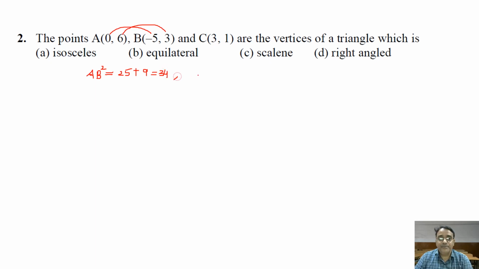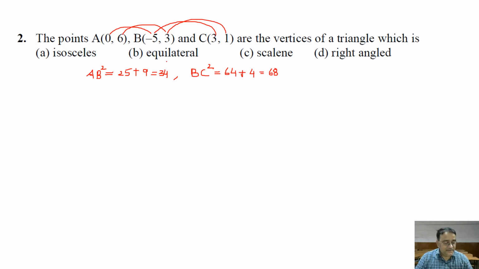Right. So now BC square. 3 minus of minus 5, plus 5 हो जाएगा. So 3 plus 5 whole square will be 8 square, that is 64. And the next one is 1 minus 3, that is minus 2, whole square is 4. So we are getting 68.